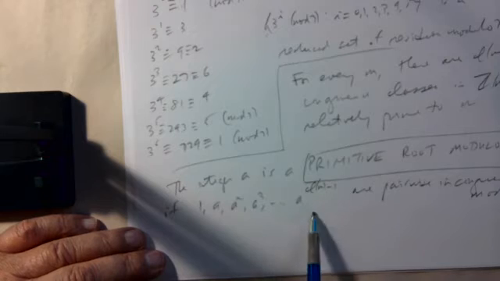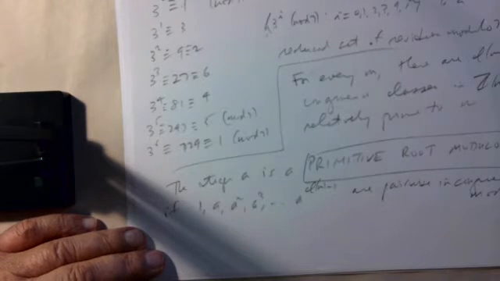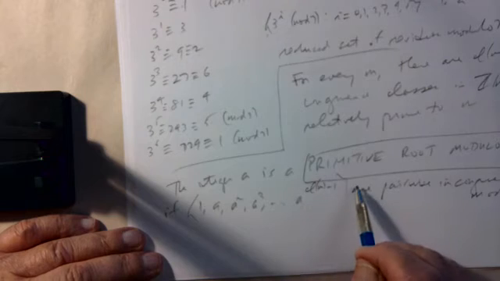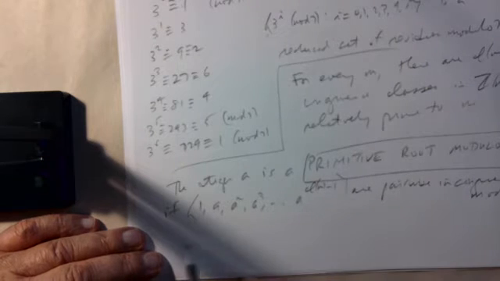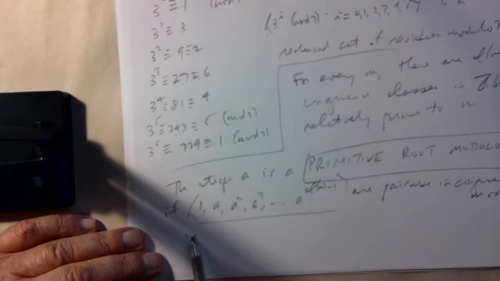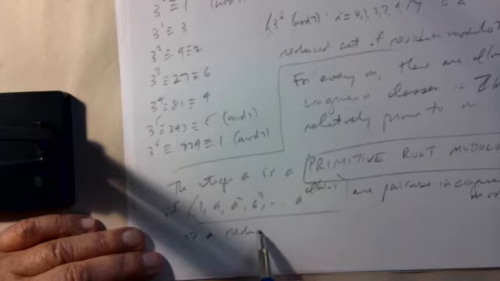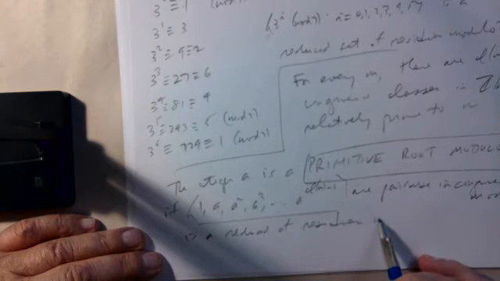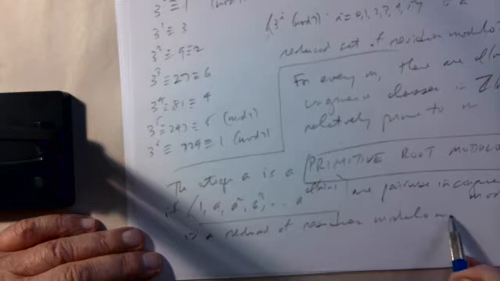So here we have phi of m integers, and there only are phi of m congruence classes relatively prime to m. So another way of saying that is, this is a reduced set of residues modulo m.